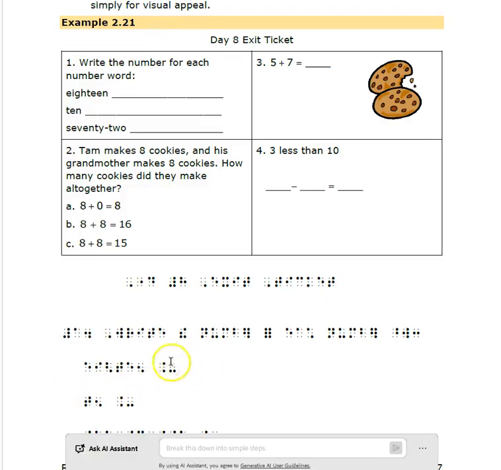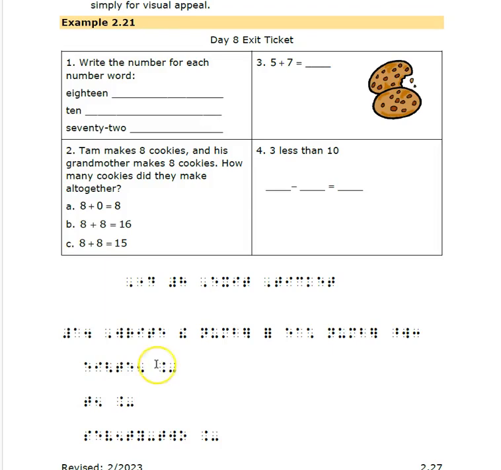And we're in UEB at this point. So you do a 4, 6, 3, 6, which is a blank line. We're not doing that 3, 6, 3, 6, 3, 6, 3, 6 because currently we're writing in UEB. Make sense? Okay.